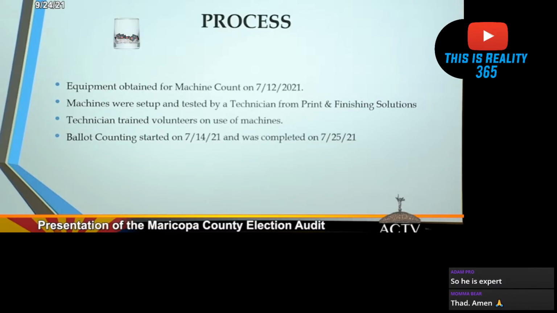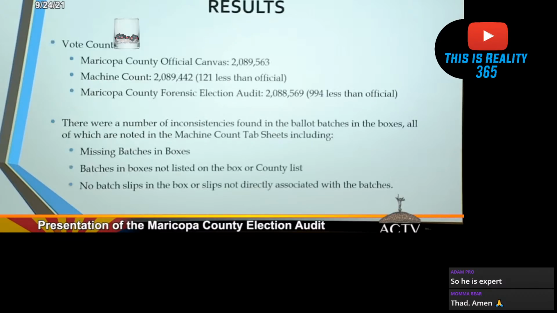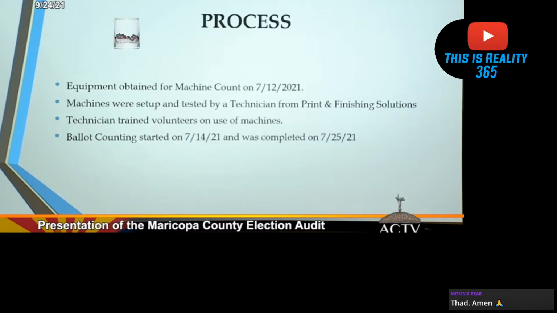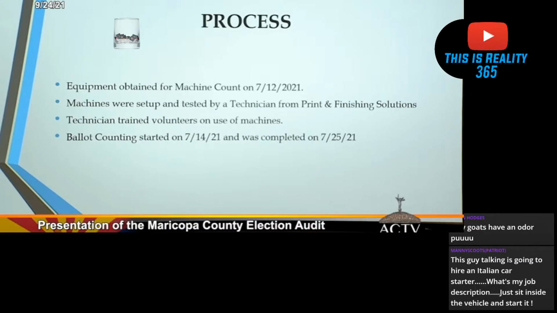We went out and found the equipment for doing a machine count and looked at several different varieties and finally decided on... And found the equipment. The equipment we found, interestingly enough, was highly considered around the country as very good equipment.